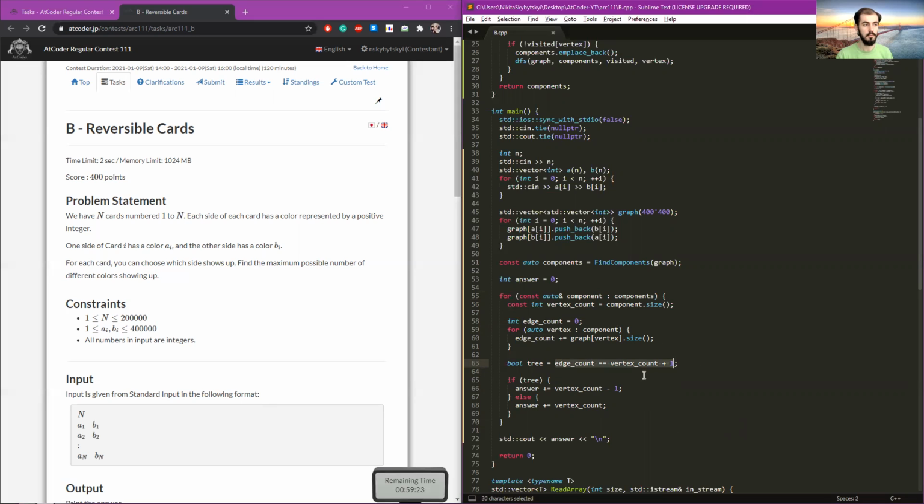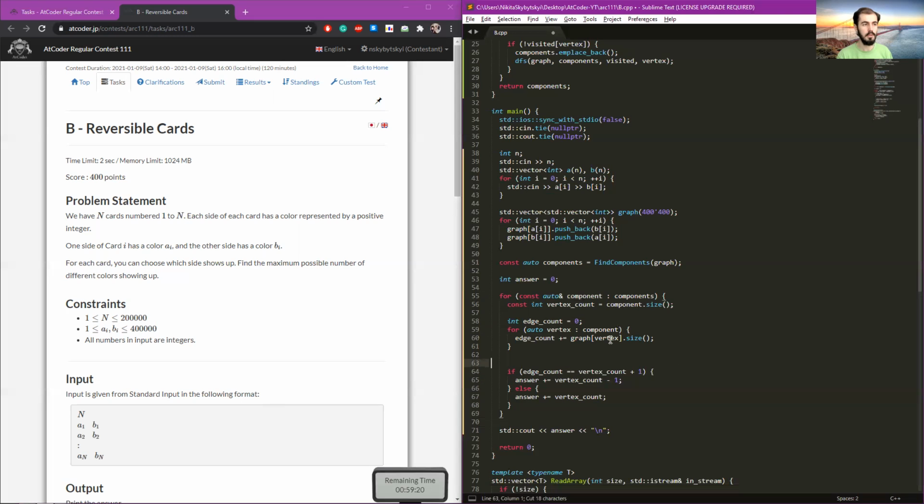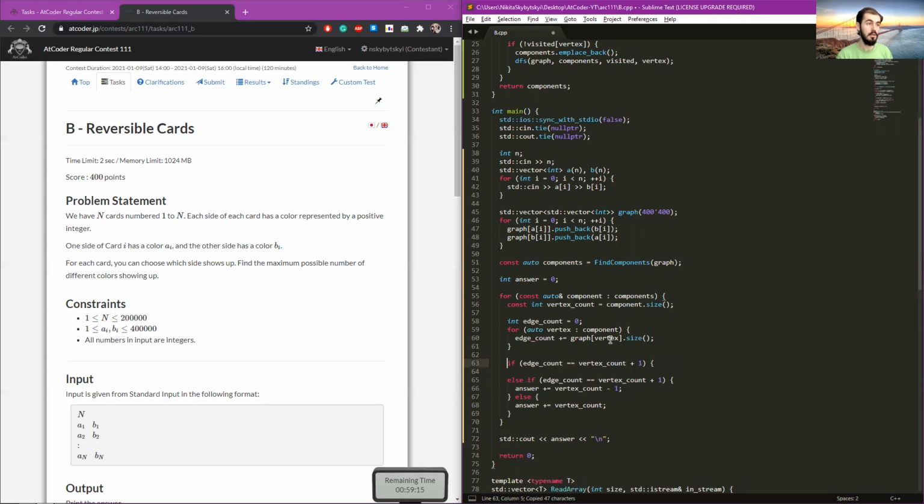Oh, okay, okay. So if it's an isolated vertex, right? Here I wouldn't do anything.